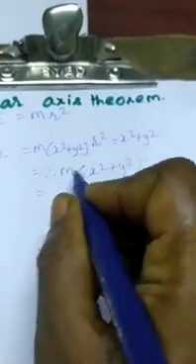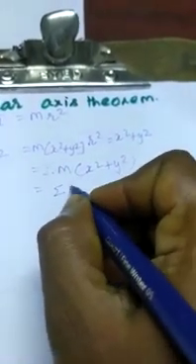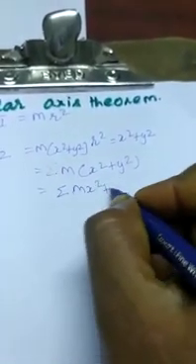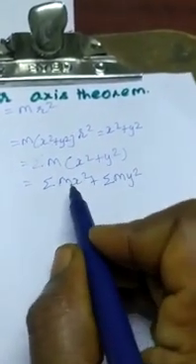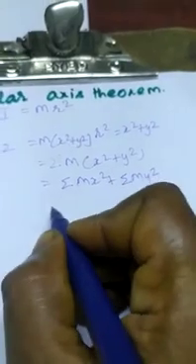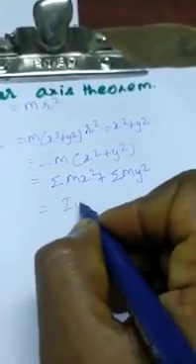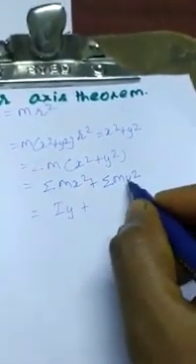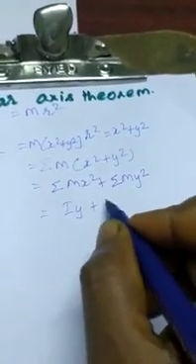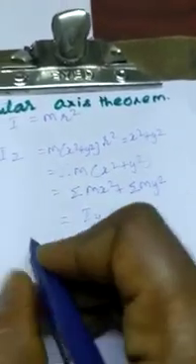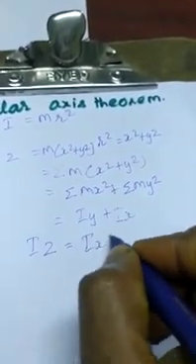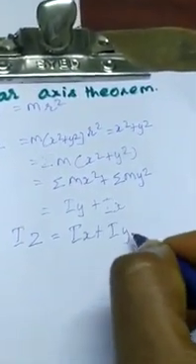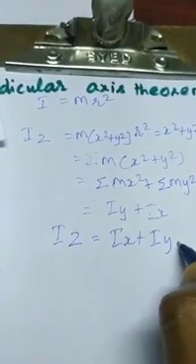Now multiplying inside, summation of M X squared plus summation of M Y squared. We already know that summation of M X squared is Iy and summation of M Y squared is Ix. So Iz is equal to Ix plus Iy. This is the perpendicular axis theorem.